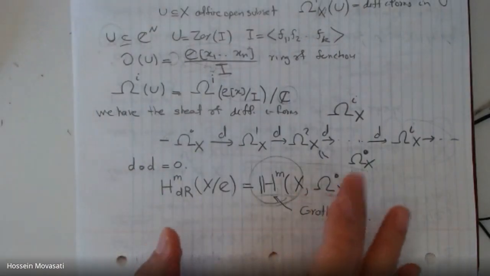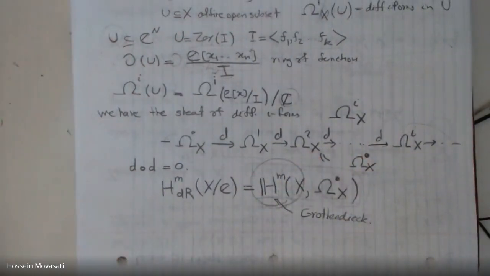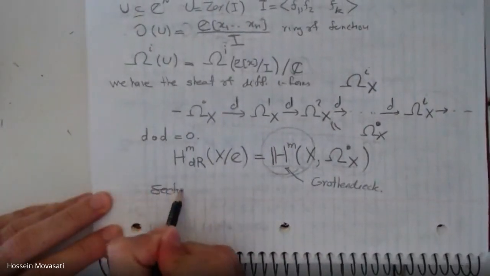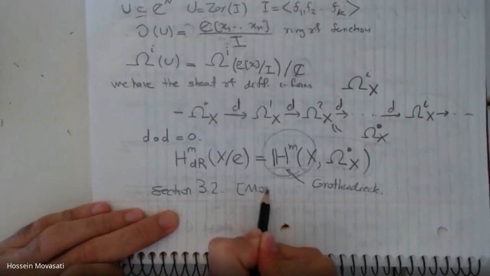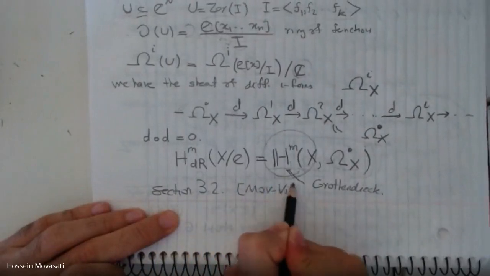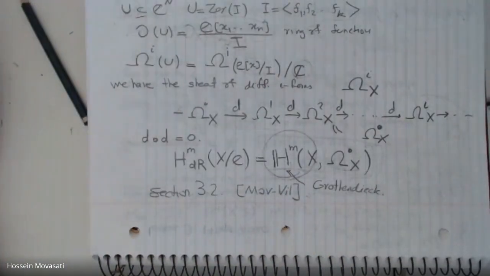This is my main example. Let's go to section 3.2 of my book with my former student Villaflor, which we must polish, but we are kind of lazy to do so.